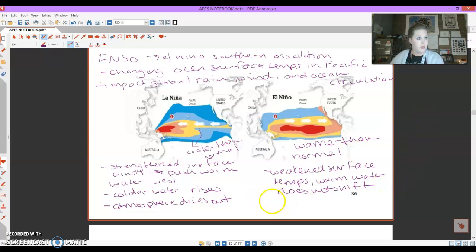And so what this causes is more rain in the U.S. Because that warm air is being retained, it's going to allow those convection currents to keep continuing to process.